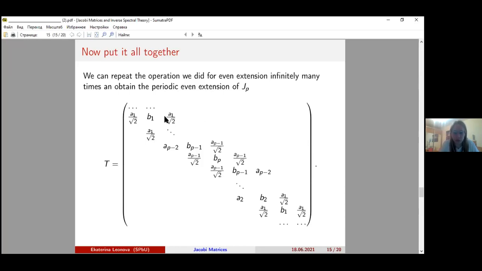First of all, we took our matrix, then we put 2 matrices together, and then we can do the same around the B1. We can put it with another matrix, and we do it like infinitely many times. So we have a periodic matrix now.